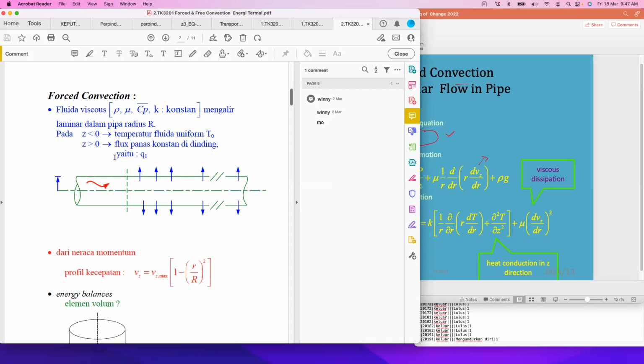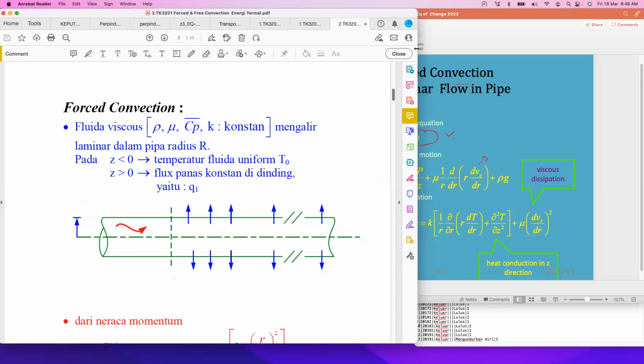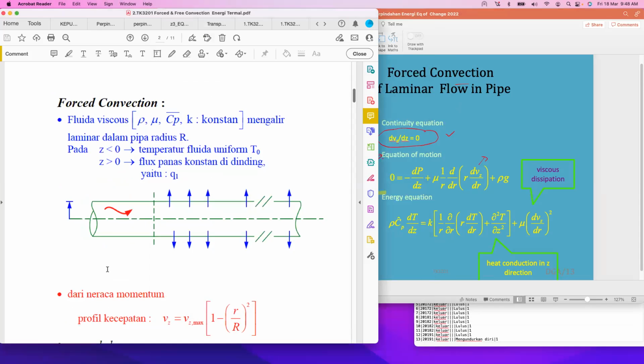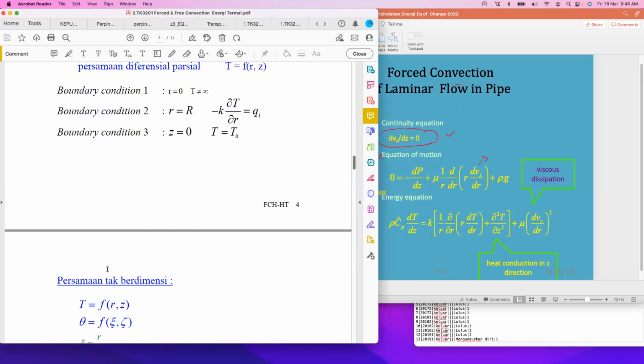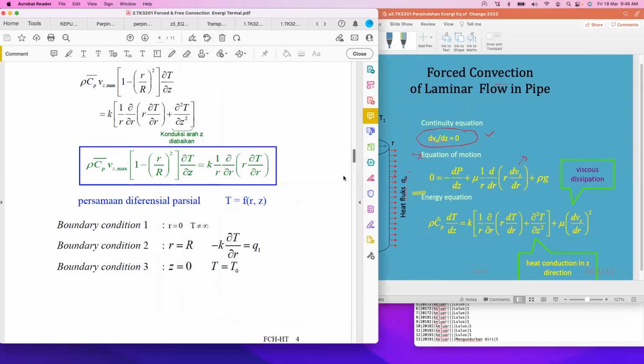With the first convection, remember we have the fluid flowing, and then it is heated up, coming like that. If you look here, the resulting equation from the experiment is actually similar.